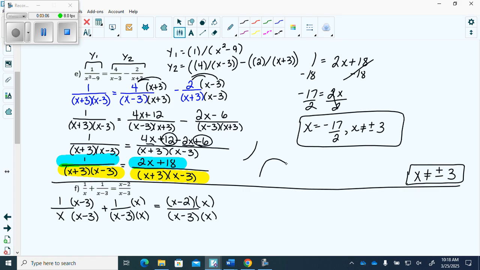So get yourself over to that part of the screen. And then go second trace 5, enter, enter, enter. You need to be close to negative 8.5. If you're erroring, it's because you're not here.